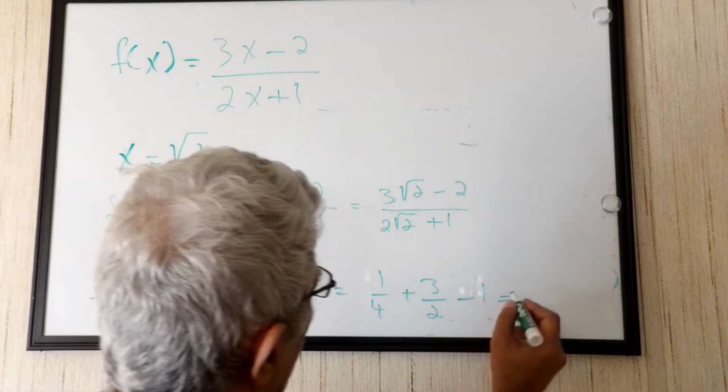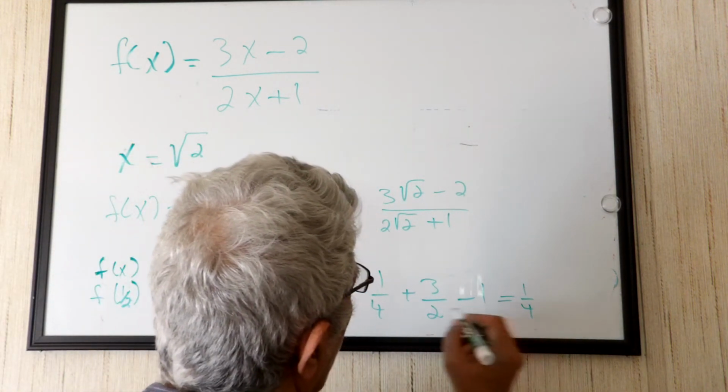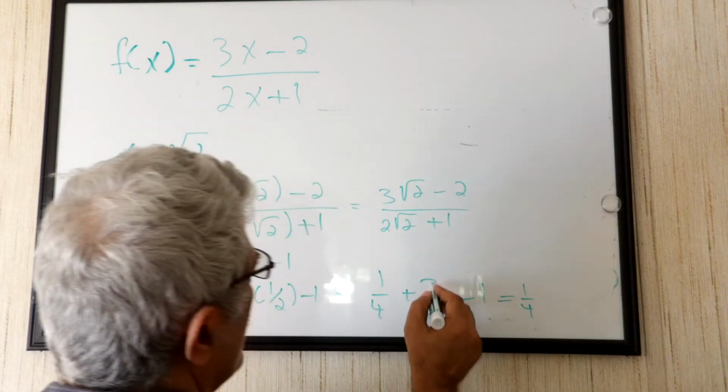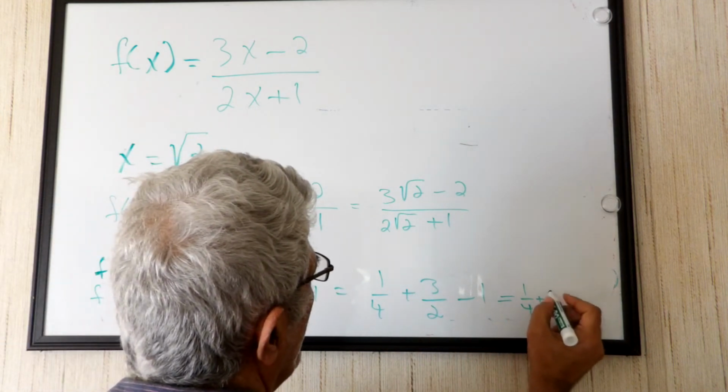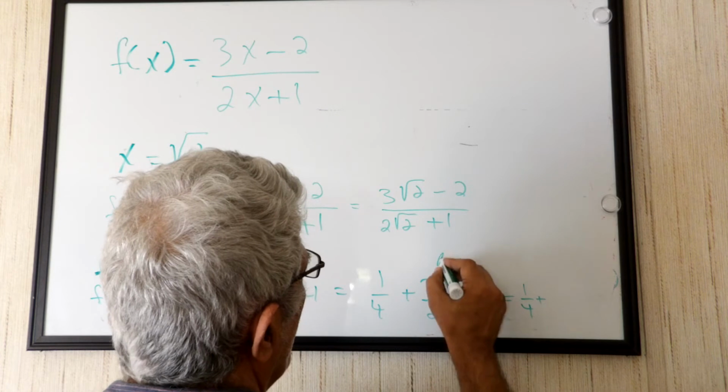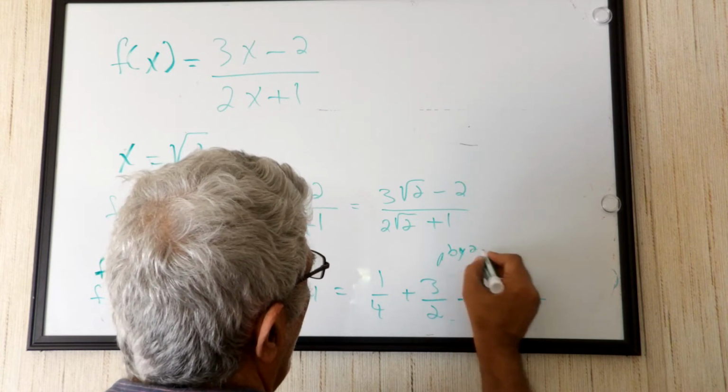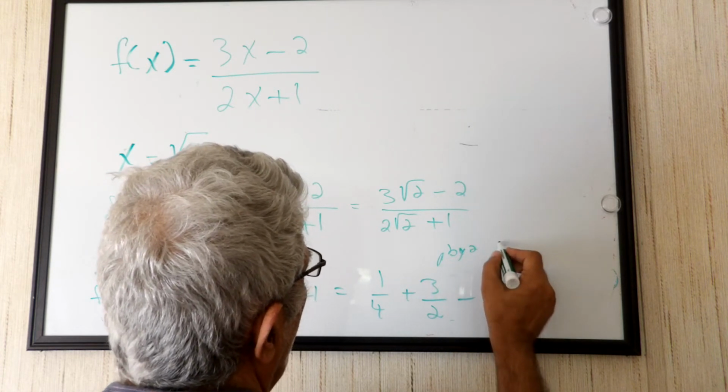Let's solve this one. It is 1 over 4. We're going to make a common denominator. You're going to multiply this fraction's numerator and denominator by 2, and this one by 4.